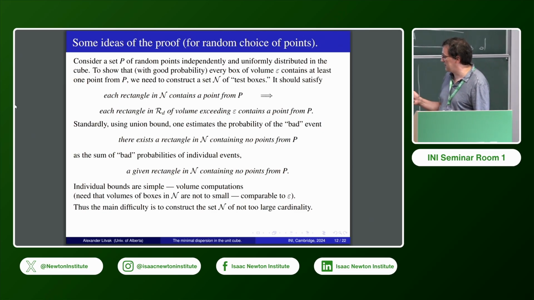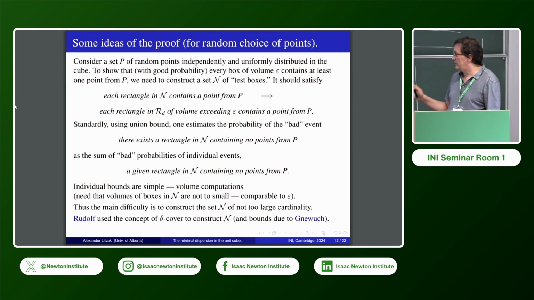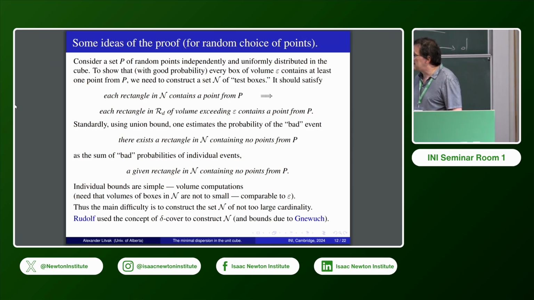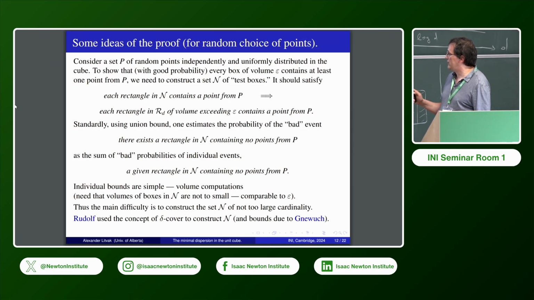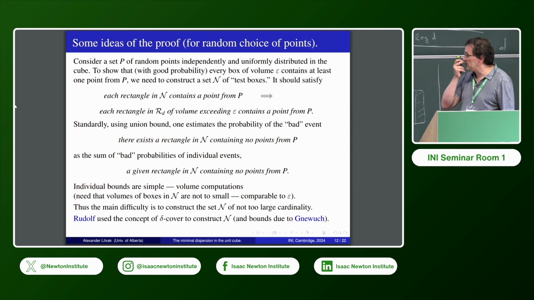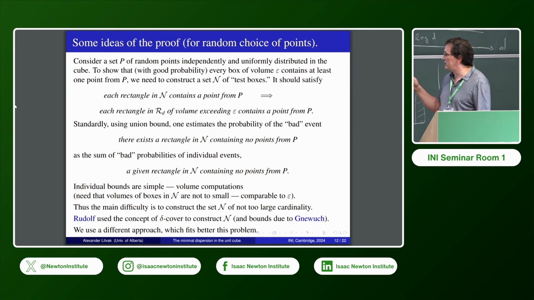This is the main part, and Rudolf used some construction which was used for something else, and we improved this because we constructed a new set of test boxes which fits exactly this problem, not some other problem.